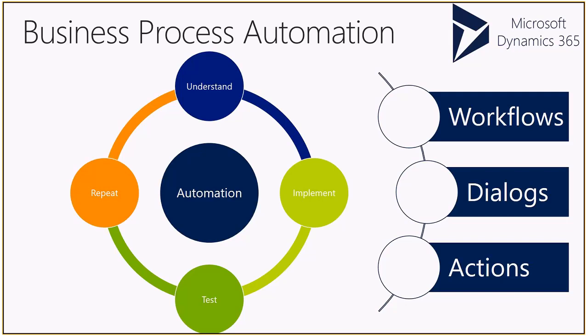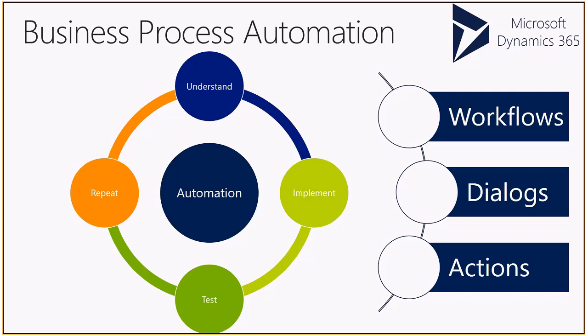So as the automation process kicks in, you first understand what the business need is, then implement it, test and repeat. When I say test and repeat, generically you implement that and make sure everything is working fine, and then somebody kicks in and the business process needs to be changed. So you repeat the same process again.